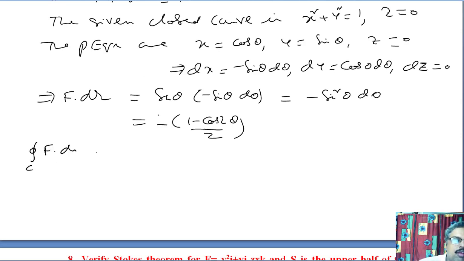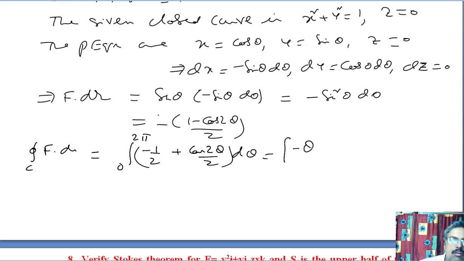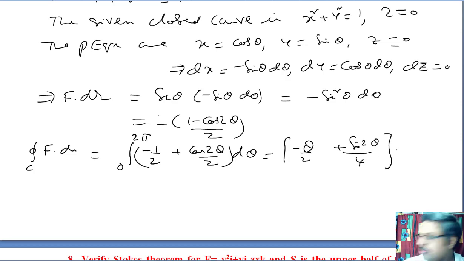The integral of f dot dr over the closed curve C equals the integral from theta 0 to 2 pi of minus 1 by 2 plus cos 2 theta by 2 d theta. Now this is minus theta by 2 plus sin 2 theta by 4, from 0 to 2 pi.